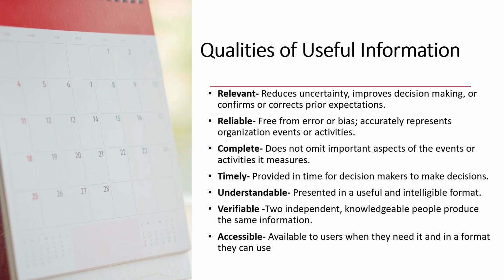Then we have also timeliness. Timely information is provided in enough time to help the decision makers make decisions. So what is the use of good, reliable, relevant, and complete information if it is not given on a timely basis? It will not help the decision makers.